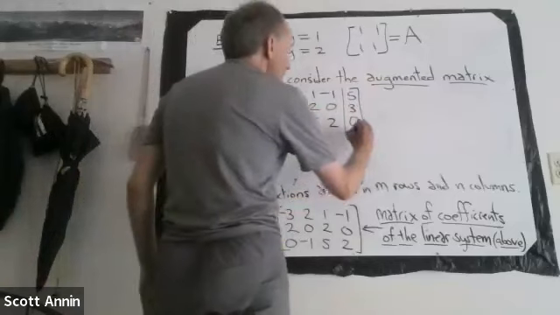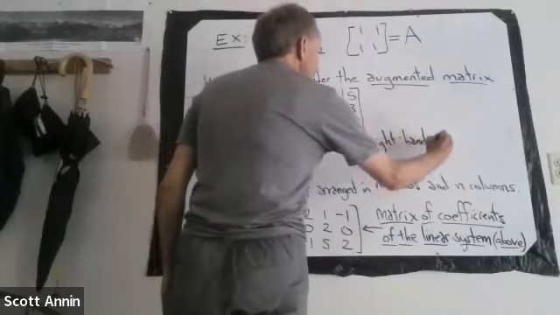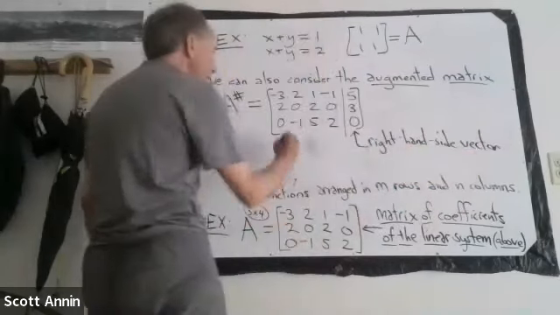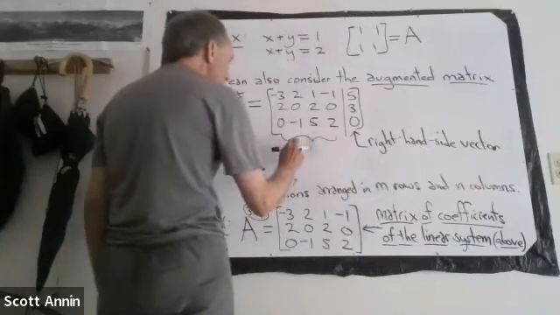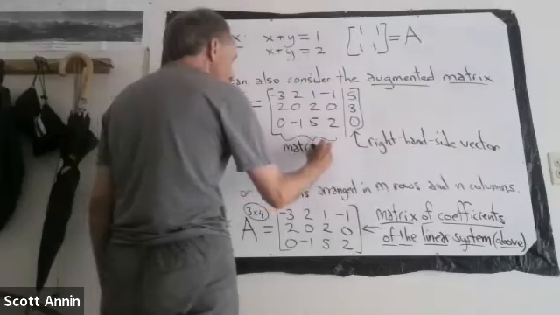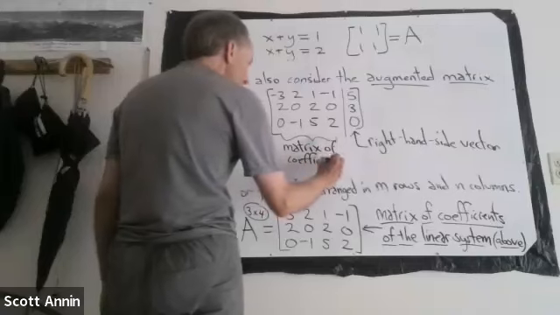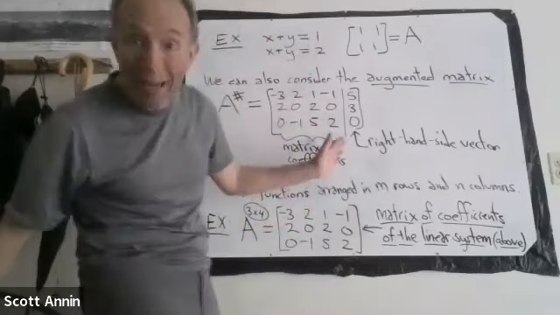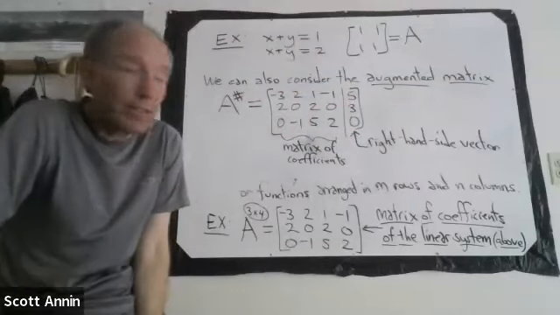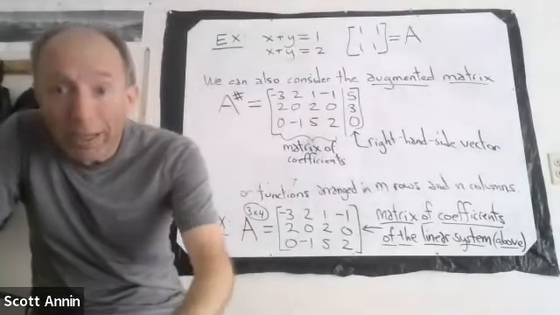This right-hand side is sometimes called the right-hand side vector. Meanwhile, here's the original matrix of coefficients. Taken together, if we take the matrix of coefficients and augment it with the right-hand side vector, we obtain this A sharp matrix, which is called the augmented matrix.